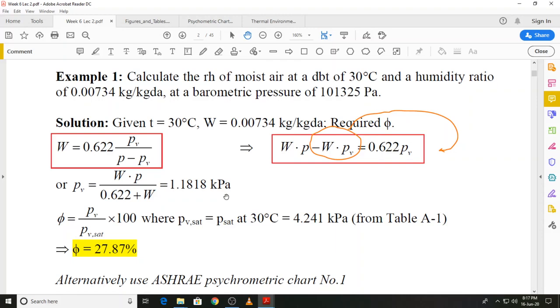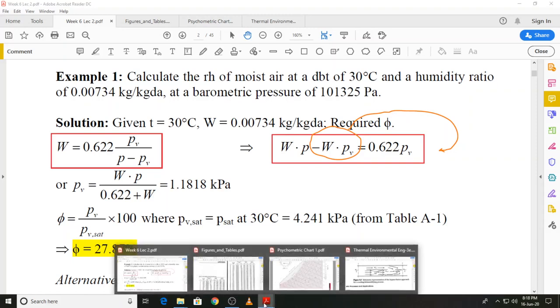The next thing is PV sat, and we know that the dry bulb temperature of air is 30 degrees C. So when we need to find out PV sat, what we are saying is that at 30 degrees C, if the air is saturated, the water vapor will have a certain pressure which will be found from table A1.